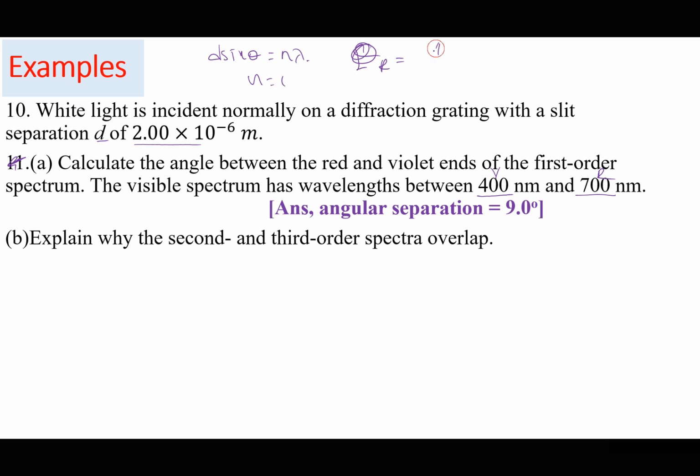So it will be 1 times the wavelength for red, which is 700 times 10 to the power of minus 7, divided by d, which is 2 times 10 to the power of minus 6, to give sine theta for red. So the theta for red is the sine inverse of 700 times 10 to the power of minus 7 divided by 2 times 10 to the power of minus 6.